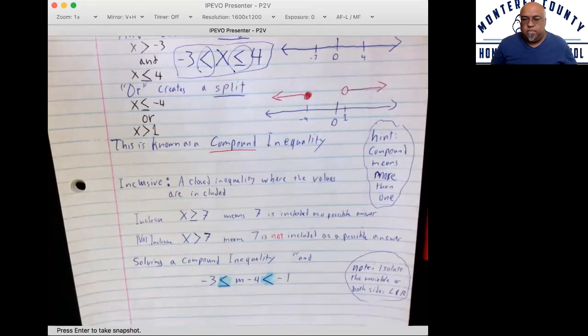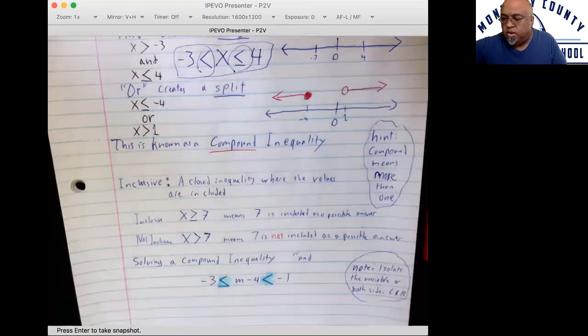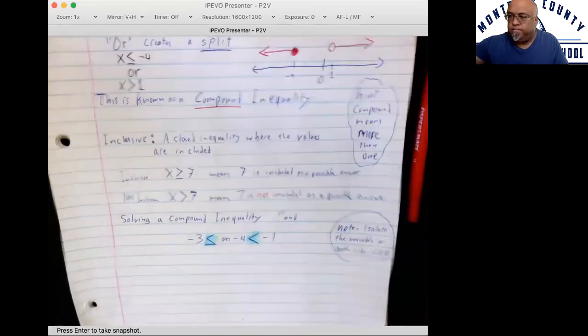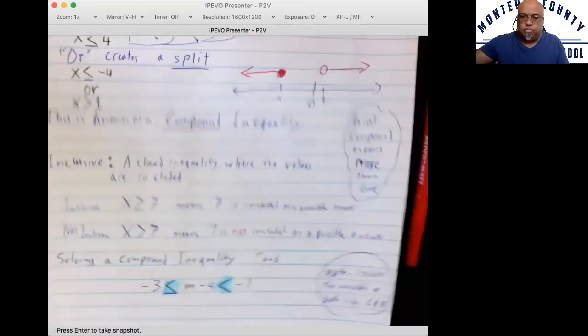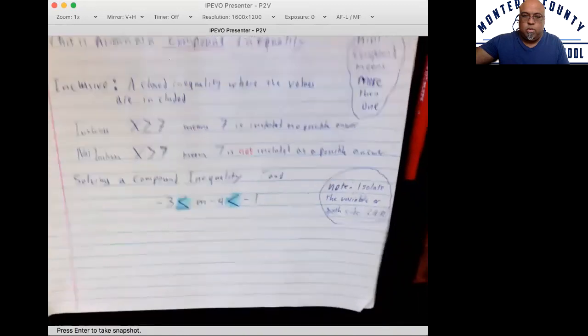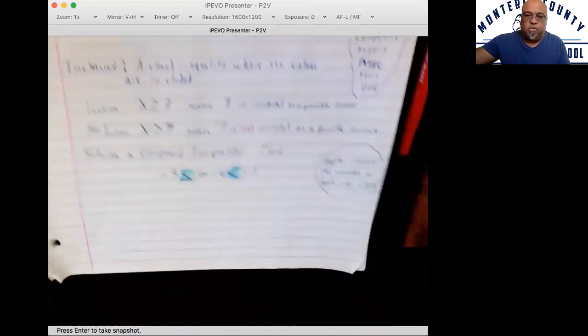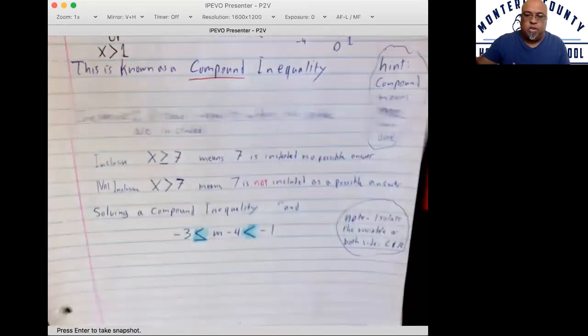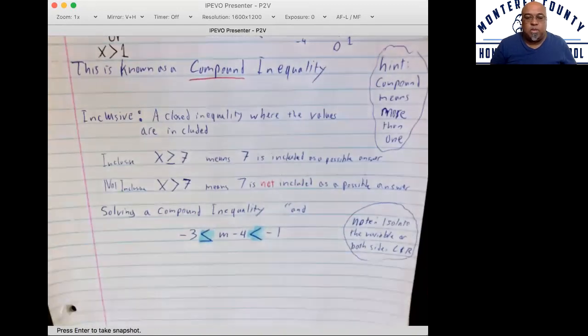All right, so let's solve a compound inequality, particularly this one here using the word and. If you want to write this one down, or you can look it up in your book, because this is the same one that's in the book, I want to show you the steps to solving this compound inequality.